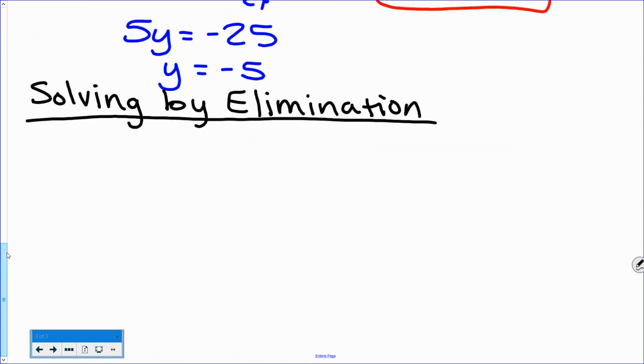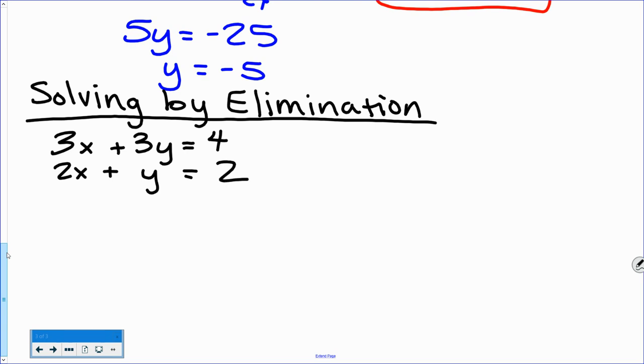For this example, I'm going to have 3x plus 3y equals 4, and 2x plus y equals 2. And we can go to lunch.